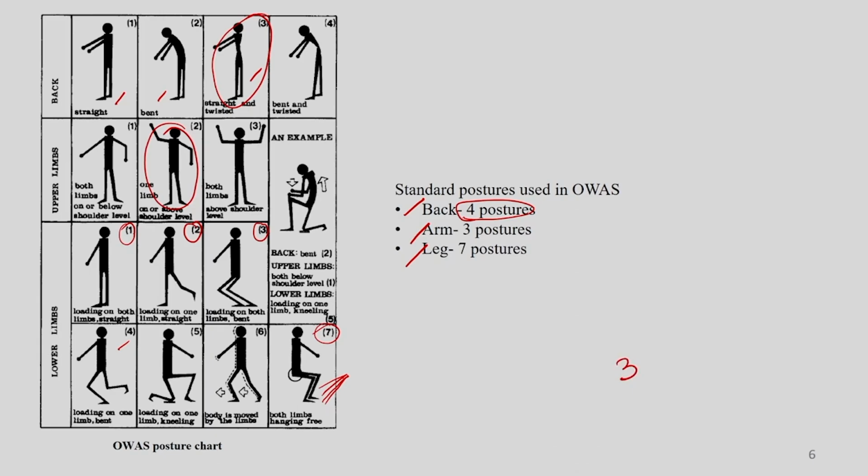It's a hypothetical case, maybe in your case your arm condition is this, 2. So this is your back or trunk, this is your arm, and maybe somewhere here, 4 is your leg, suppose. So your actual score became 3, 2, 4.